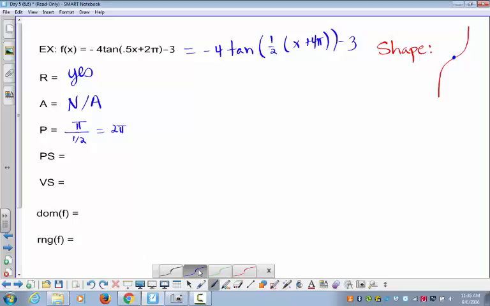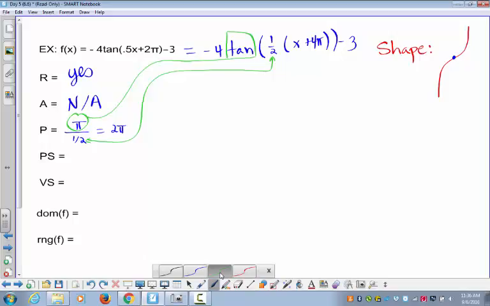We always take the basic period of the parent function and divide it by the leading coefficient of the angle. So the basic period for tan is pi, divided by 1/2, you get 2 pi.